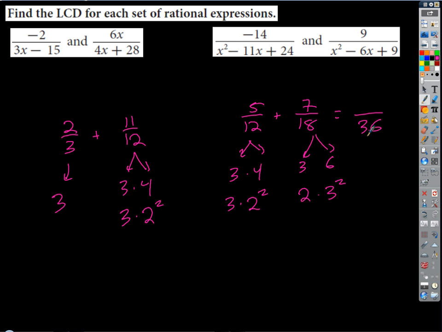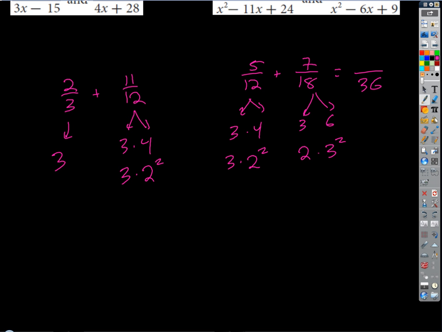This one over here is broken up into 2 times 3 squared. So I have to include at least all of those. But I don't have to take 12 times 18. That's a pretty big number, right? Because if I multiplied both of those out, what would I end up with? This times this, right?